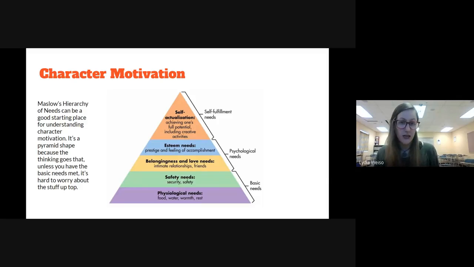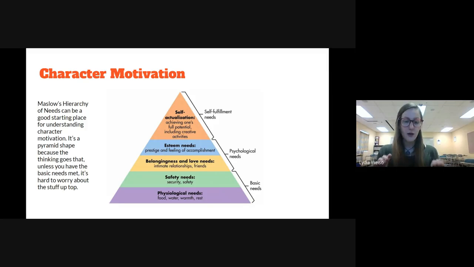And Maslow's hierarchy is a good starting place. Maslow wanted to understand basically why humans behave the way they do. And so he started to think about how we prioritize our personal needs. And this is what he came up with.